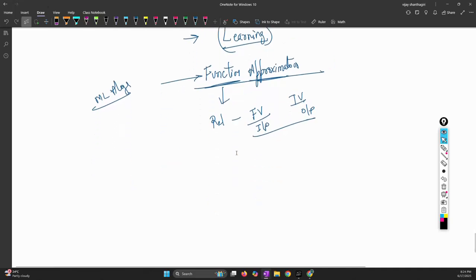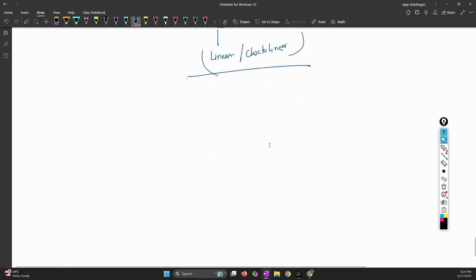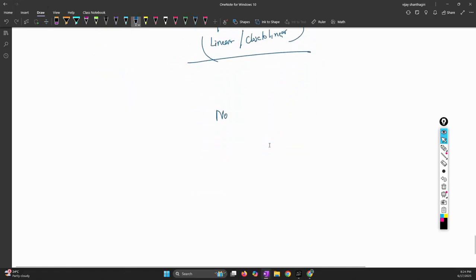But not all relationships are linear or almost close to linear. Mostly, all the time, we want to approximate a non-linear relationship.